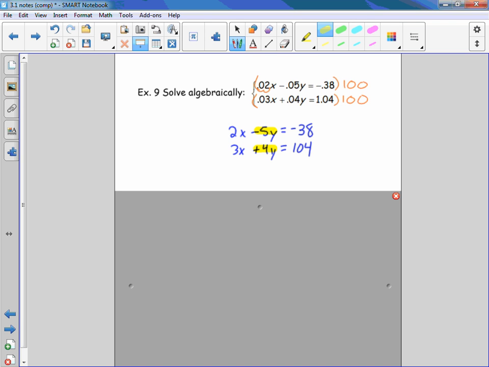So if I look at -5 and +4, the least common multiple between those is 20. So I can multiply this equation through by 4 and this equation through by 5. And that will then allow me to solve that system. The y's will end up eliminating, and then we can work from there. I'm not going to do that, but I just wanted to showcase how you can handle those decimals.